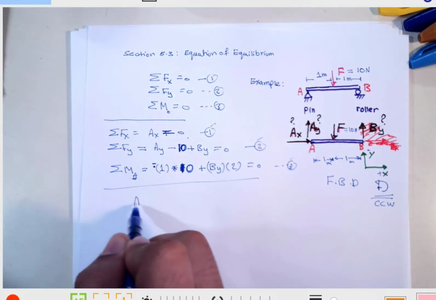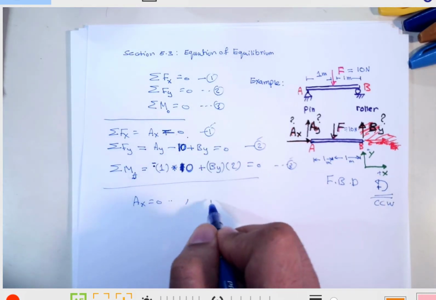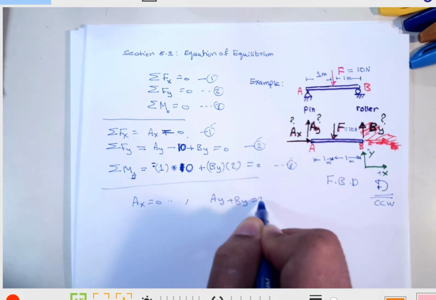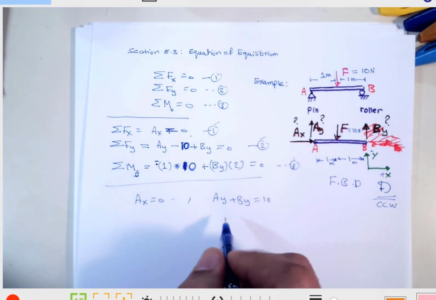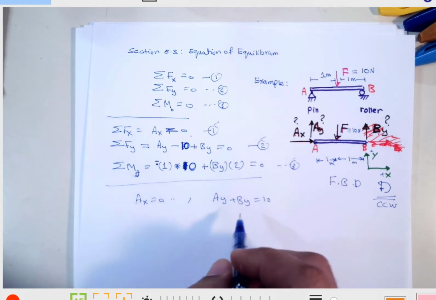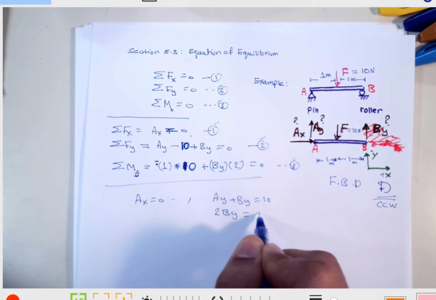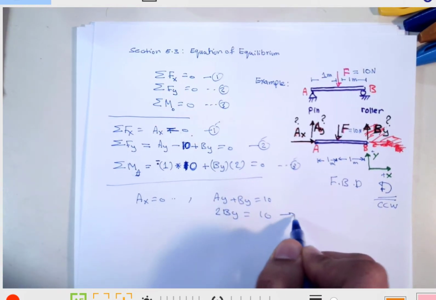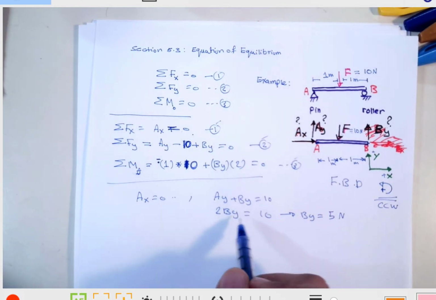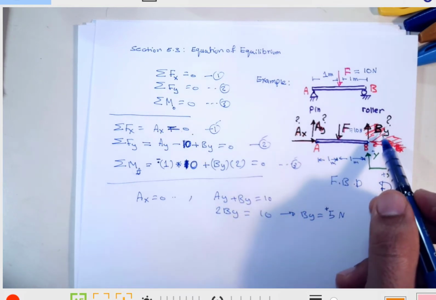Now automatically Ax equals 0, and from these two equations, we have Ay plus By equal to 10, and from the last one we can calculate By: 2By equals 10, therefore By equals 5 Newton, and the direction is positive, meaning that our choice of By is correct.